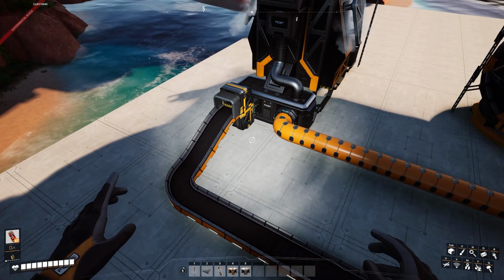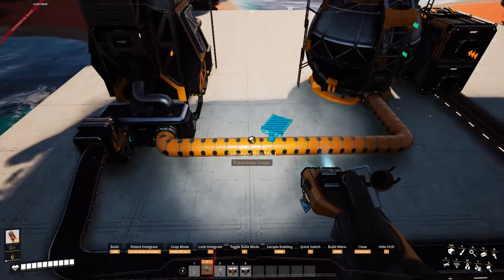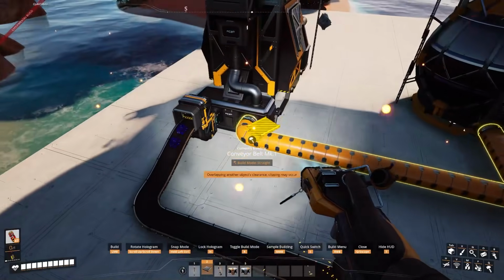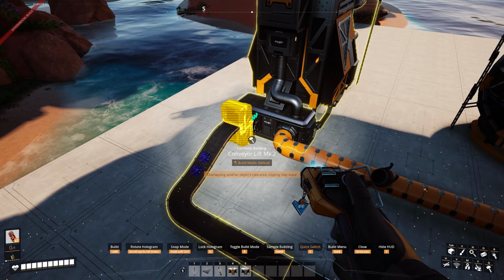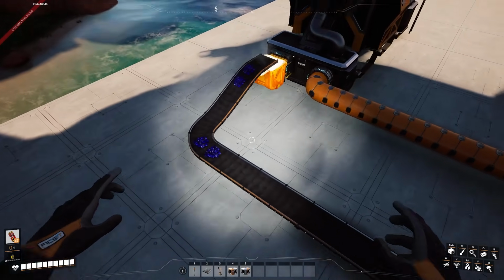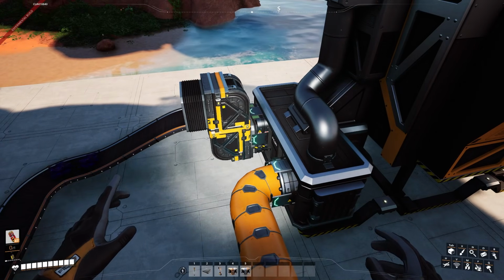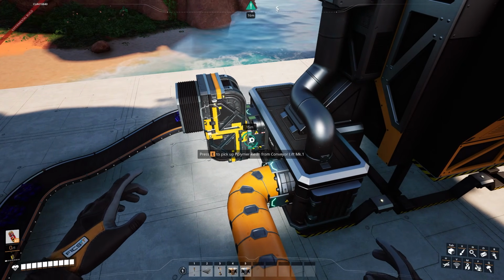Oh, let me slow these down. Okay, look. Polymer resin coming out. This is completely sunken in, right here.